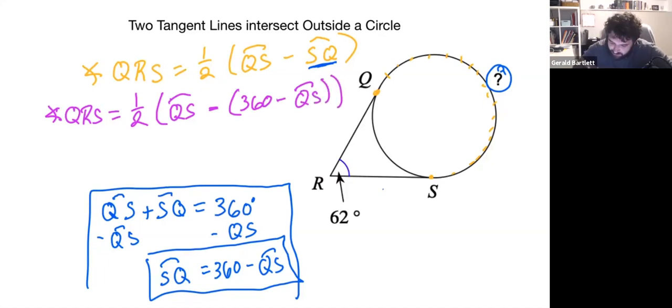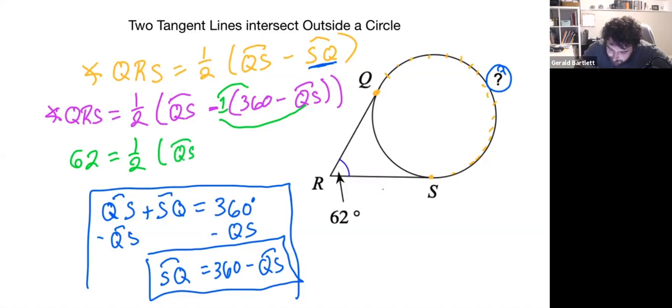Having that's going to be very important because to make this work, we have to distribute this negative. Remember, it's kind of an imaginary -1. Distribute that on through. And I'm going to go ahead and do some substituting in here as well. So angle QRS is 62 degrees. And that is half of arc QS minus 360 plus arc QS.